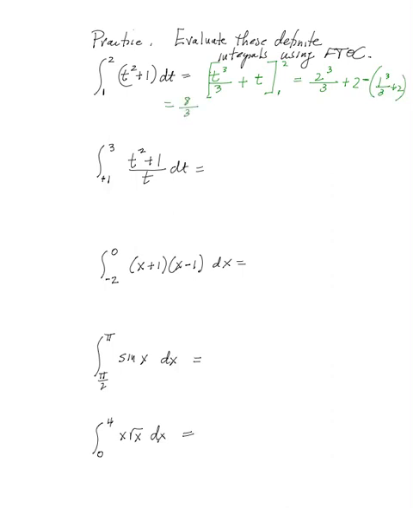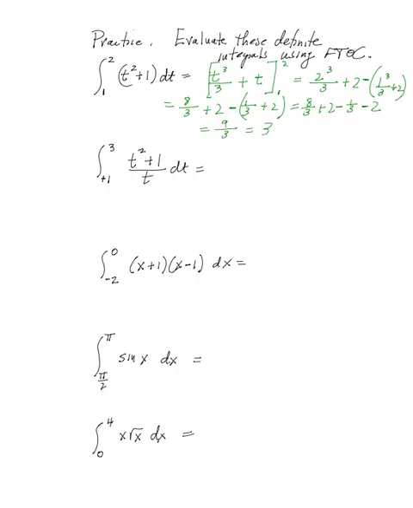If you don't use them, you might miss your sign. So I get 8 over 3 plus 2 minus (1 over 3 plus 2), so I have 8 over 3 plus 2 minus 1 over 3 minus 2. The 2's add to 0, so I get 9 over 3 or 3.